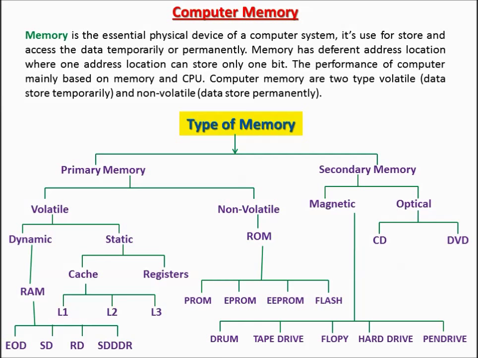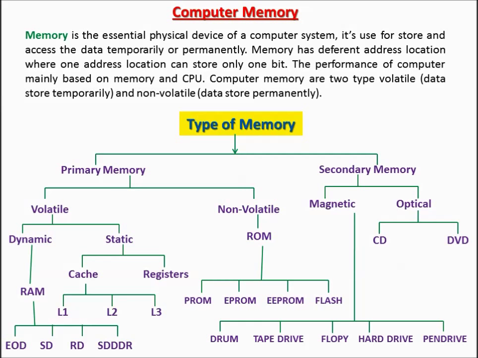Types of memory. This picture shows the computer memory types. As per the working rules, we can divide memory into primary memory and secondary memory. Primary memory is of two types: volatile memory and non-volatile memory. Volatile memory is also of two types: number 1, dynamic, and number 2, static.